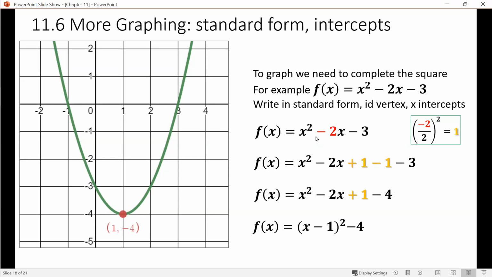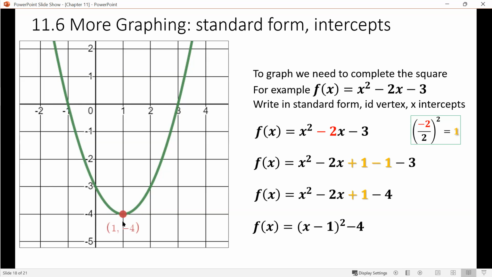And you see by doing that, completing the square process, we got ourselves into general form. And now we can see clearly that our vertex is at 1, -4. Perfect. So that's how completing the square helps you turn a standard form quadratic into a general form quadratic and allows you to identify clearly what the vertex is.